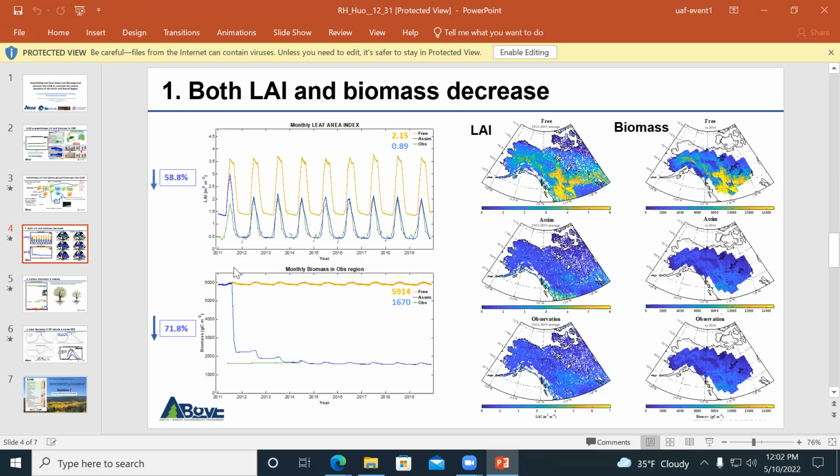I don't know why the value is just so low, but the information I know is that on this map, the LAI in Fairbanks is from around the summertime, because that's when the satellite has observations here.